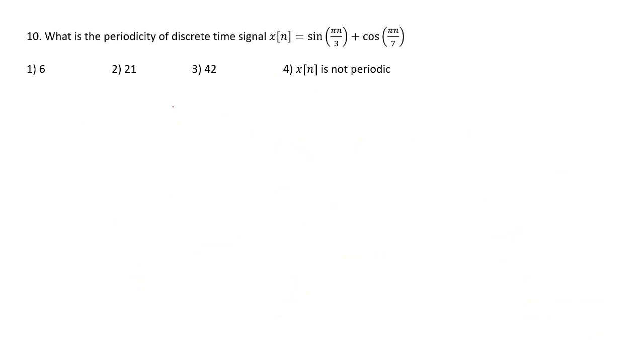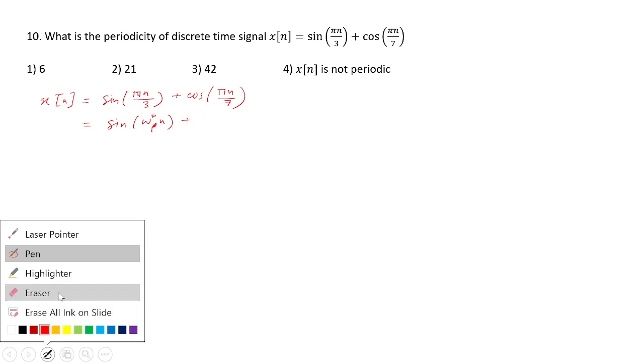Okay, let us move to this 10th question, which is given as x[n] is equal to sin(pi n by 3) plus cos(pi n by 7).